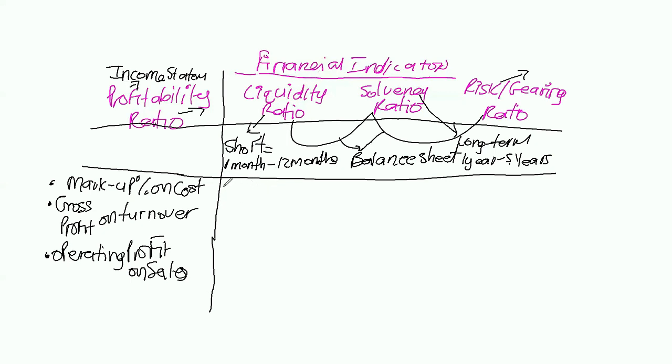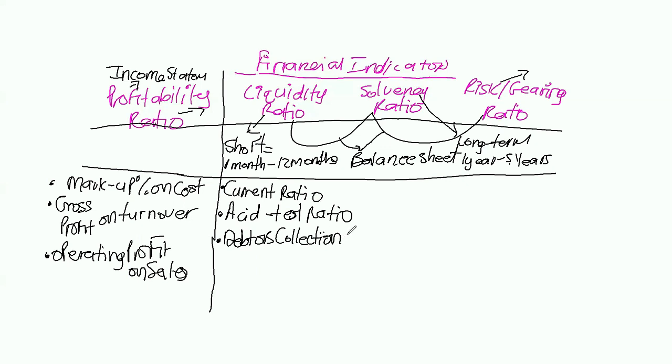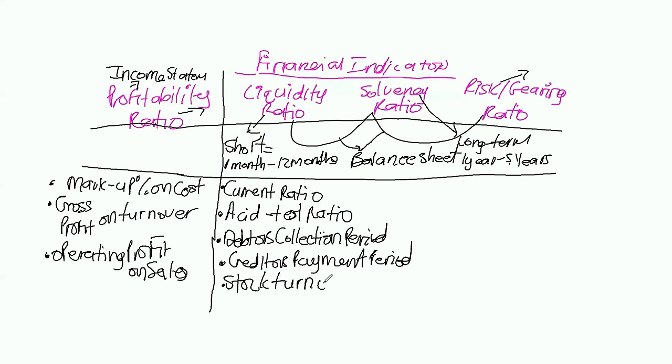So now we move to liquidity ratios. Under liquidity, you have the following: our current ratio, and then we have our acid test ratio, and then we have our debtors collection period, and then we have our creditors payment period, and then we have our stock turnover.